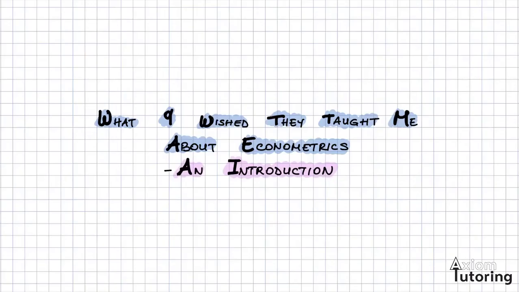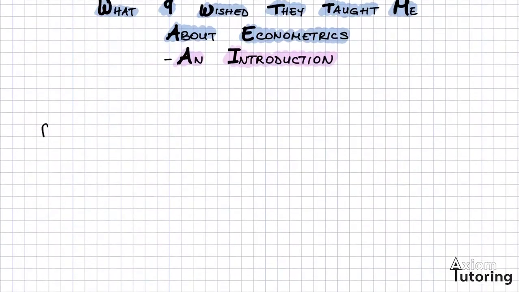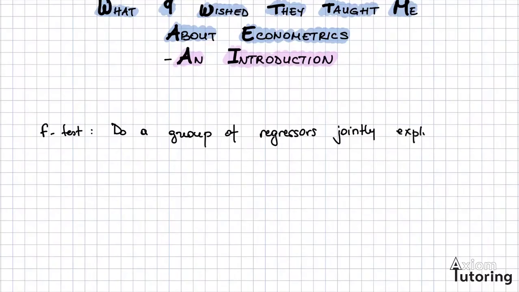The F-test answers a very specific question, and that is, do a group of regressors jointly explain variation in Y?